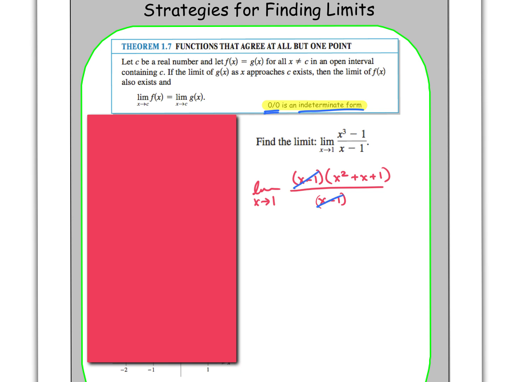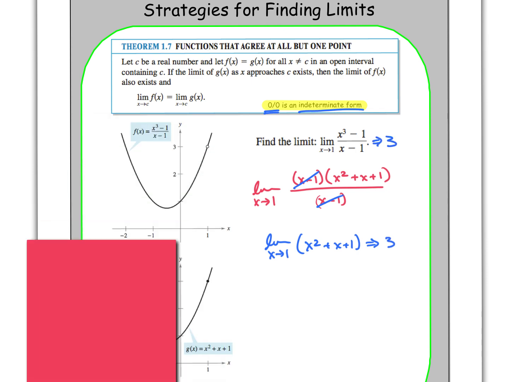Is that a shocker to us? No, because what was it going to create? A hole. And so now I end up having this limit as x approaches 1 of the quantity x squared plus x plus 1. Now when I direct substitute, I get 3. And so now this limit as x approaches 1 is equal to 3.